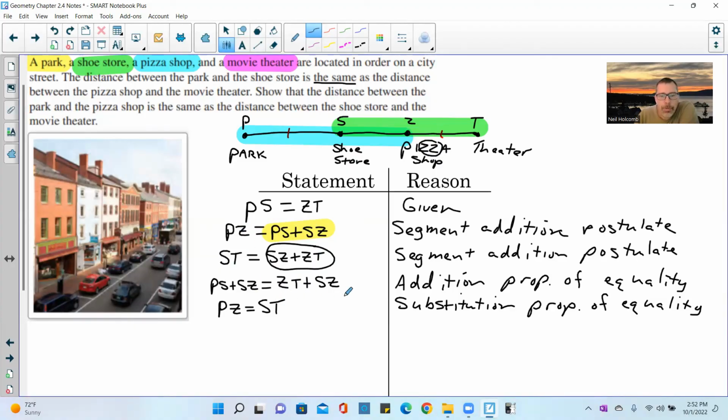So it's like a two-stepper there, but it's the substitution property of equality. So PZ equals ST. Because this is PZ, PS plus SZ is right here, PZ goes there. ST is SZ plus ZT, and SZ plus ZT is here. So we substitute in those two. All right, this can get a little confusing sometimes, but that's where the substitution came from.